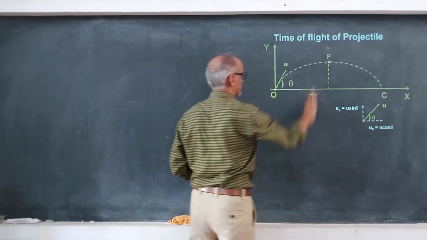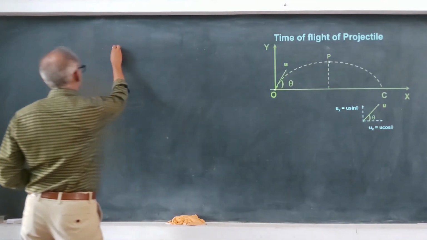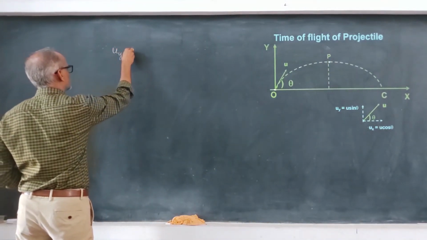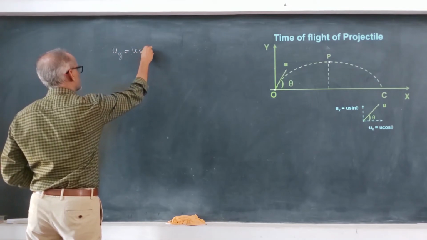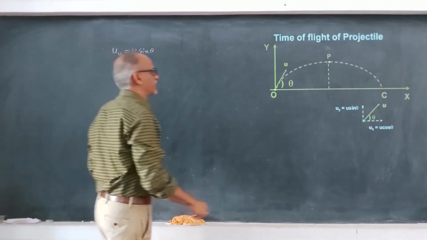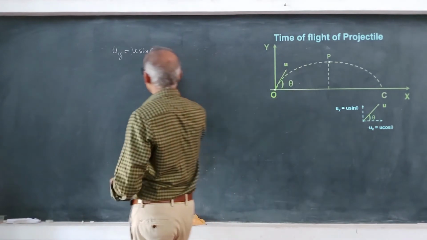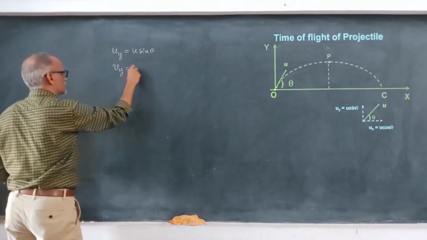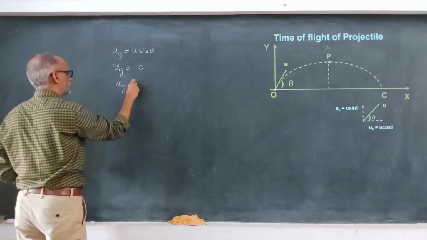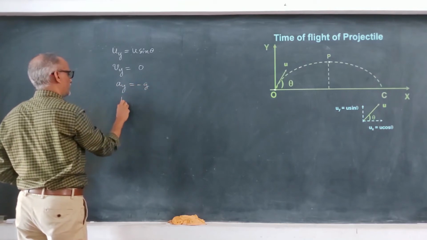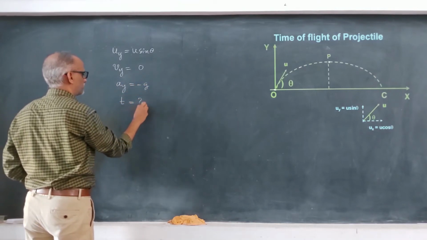It is called time of ascent. So, what is the initial velocity along the vertical? It is u sin theta. When it reaches point P, what is the final vertical velocity? It is 0. What is the acceleration along the vertical? It is minus g. And then I am going to find the time.